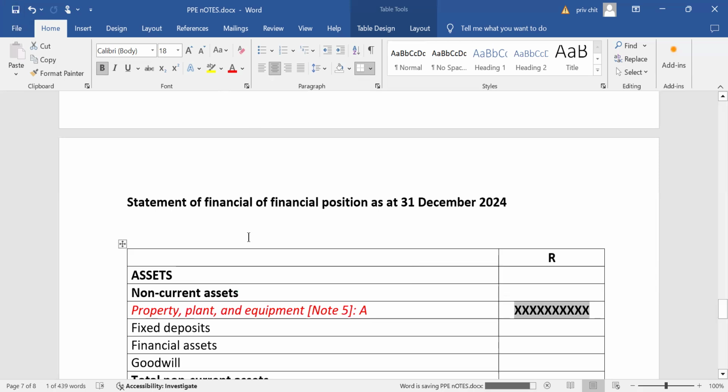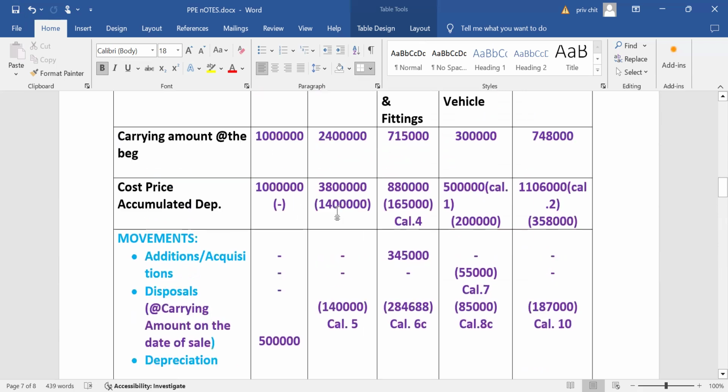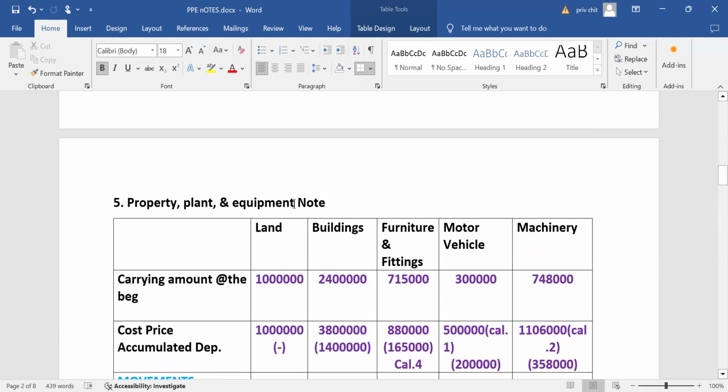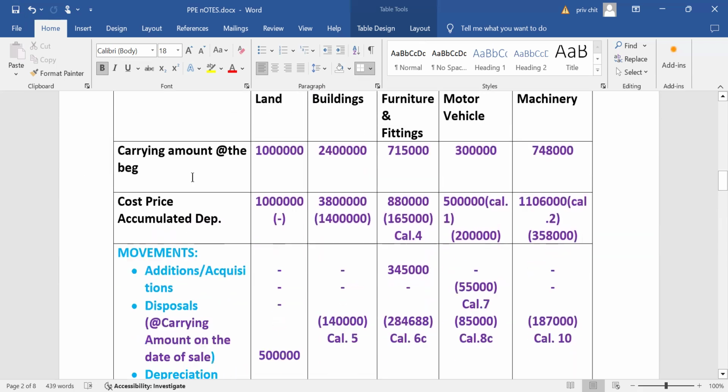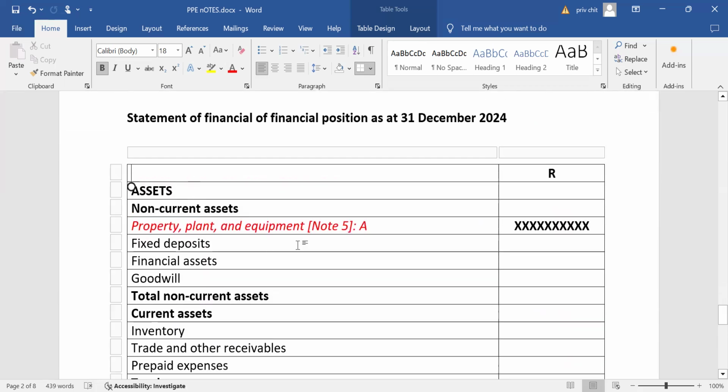So in the context of an exam or a test, usually they would ask you to do the statement of financial position, maybe just the asset section, but you would know that most of your marks would come from this computation that you have done here. This property, plant, and equipment note would form part of your calculations.